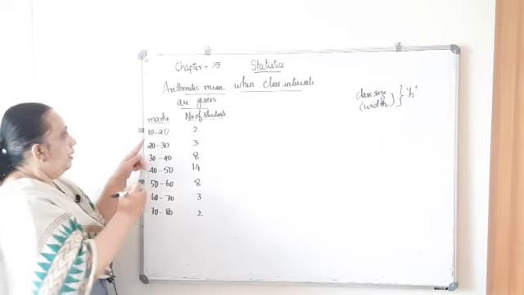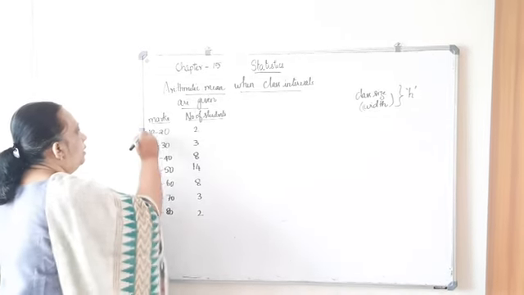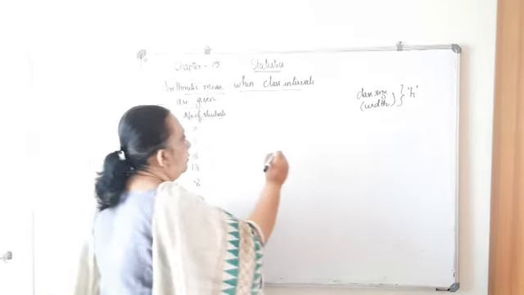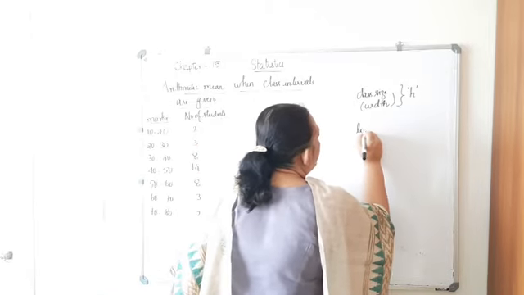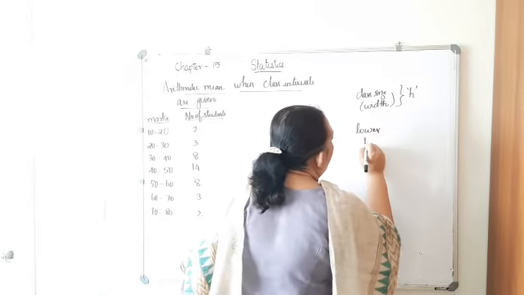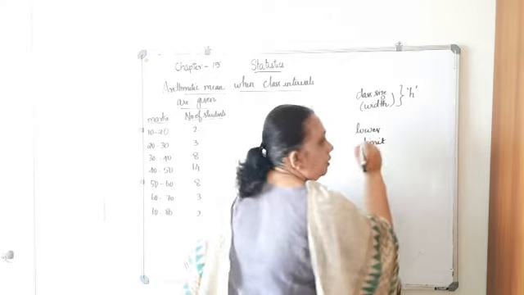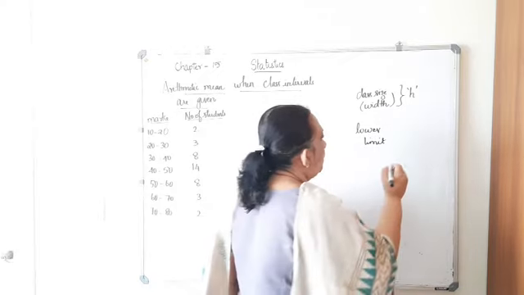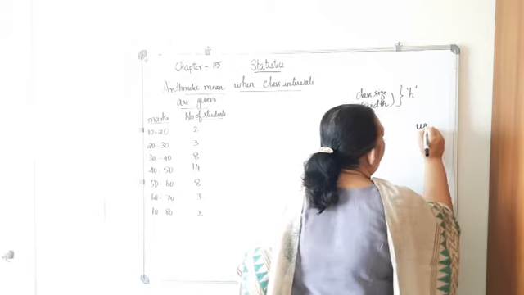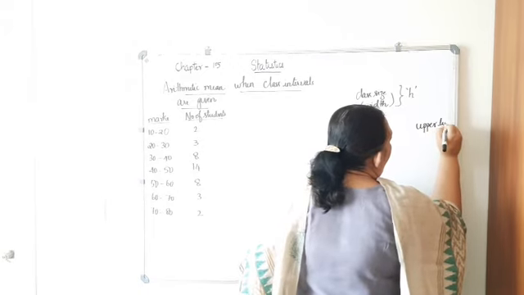So, these values are called the lower limit values, and the other one is called the upper limit values.